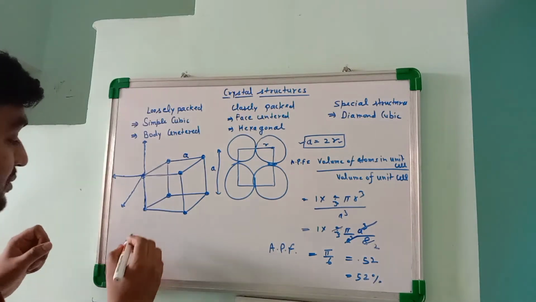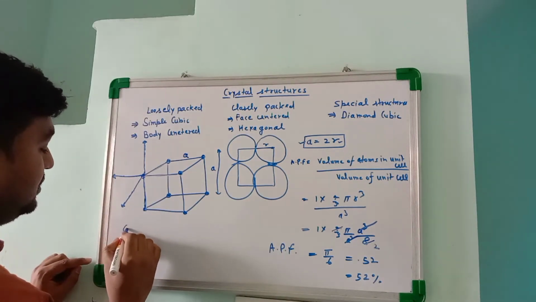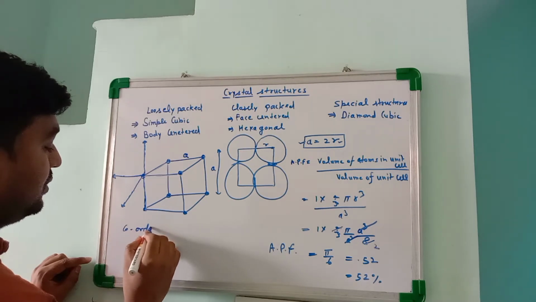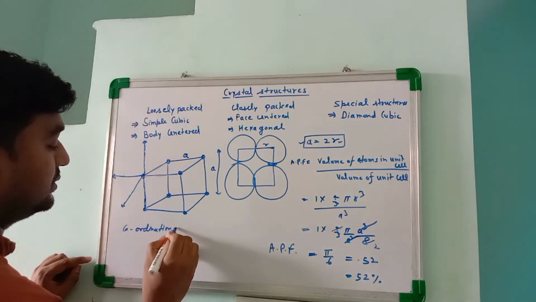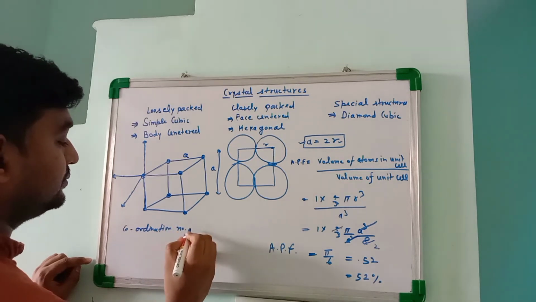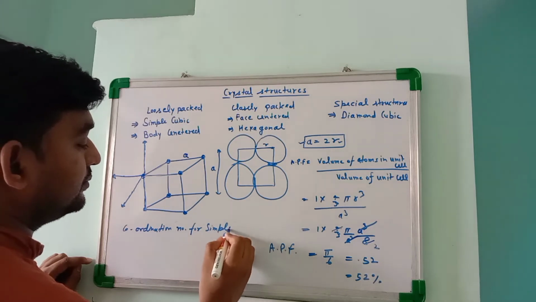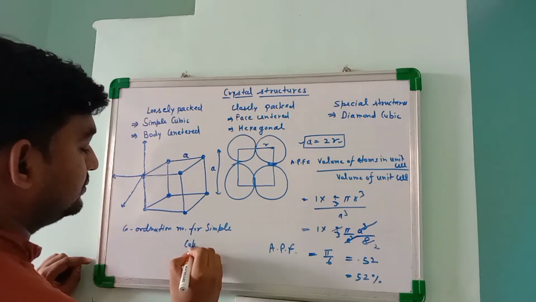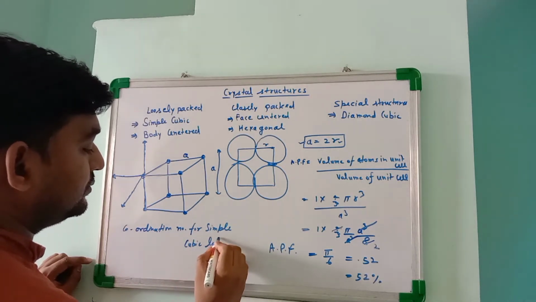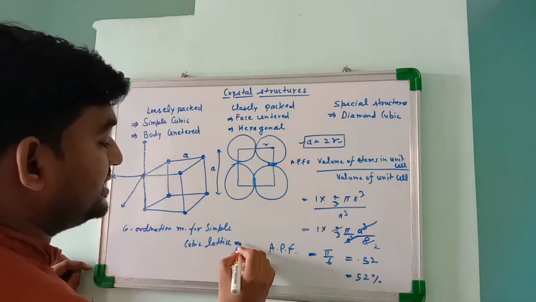So the coordination number for the simple cubic lattice is 6.